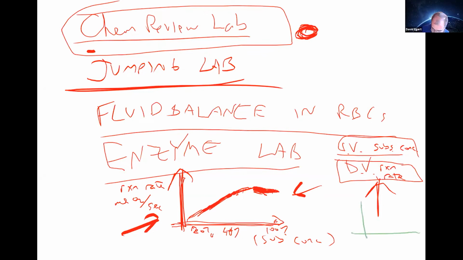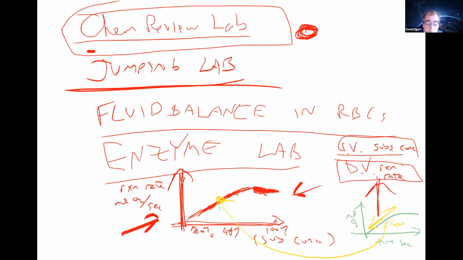Exactly. We had to do a different kind of graph: time in seconds versus mils of oxygen produced. We measured the slope. That slope is the reaction rate that we put as a dot on this graph for whatever the concentration of the enzyme is for that trial.